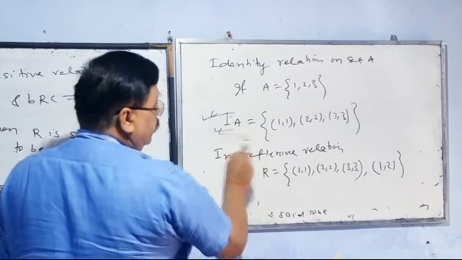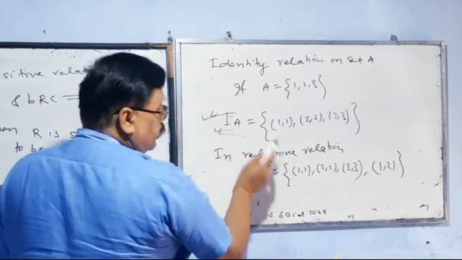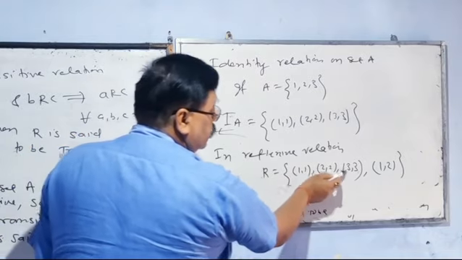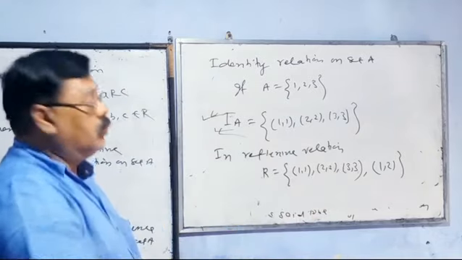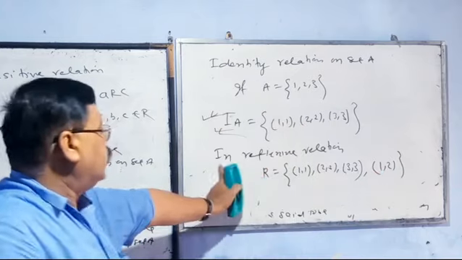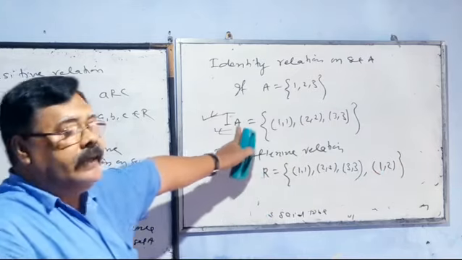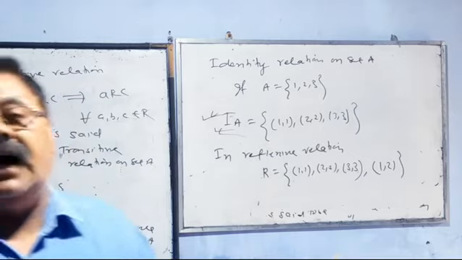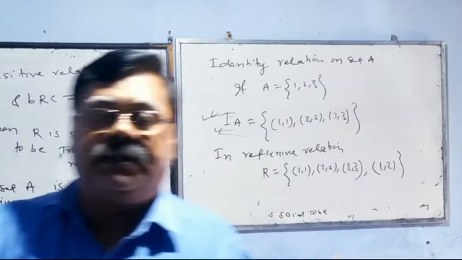This is identity and this is reflexive. It contains (1,1), (2,2), (3,3), and apart from this it also contains (1,2). So this is a reflexive relation and this is an identity relation. This is the difference between identity relation and reflexive relation.